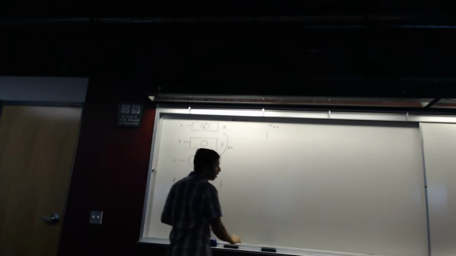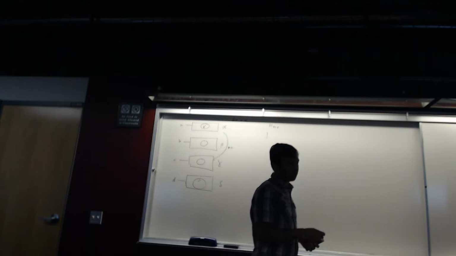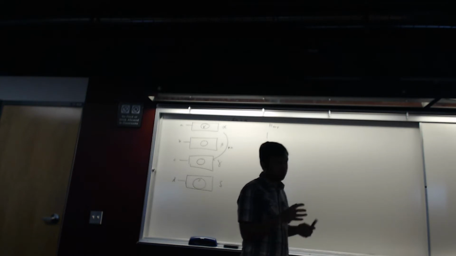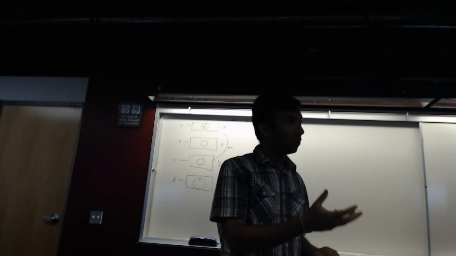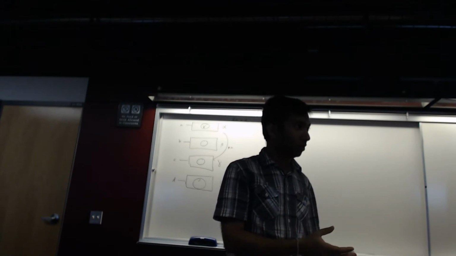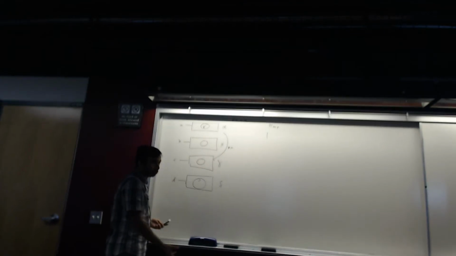Why? Because star a is an L value. It's not an R value. The definition of star a says that it has to be an L value. It has an address associated with it. Although when you do star a, you get the value as an output, star a itself is an L value. So that's why you need to point it to the location.